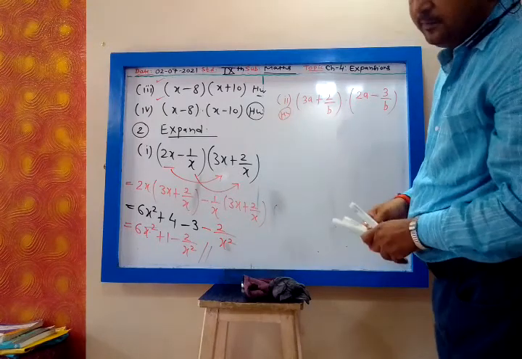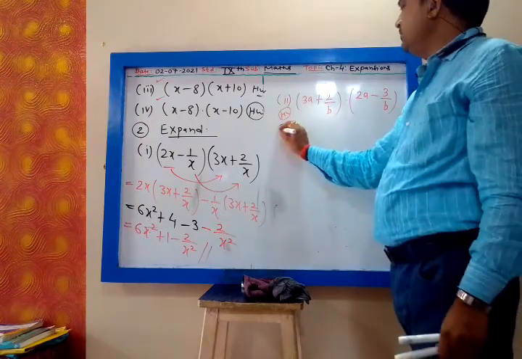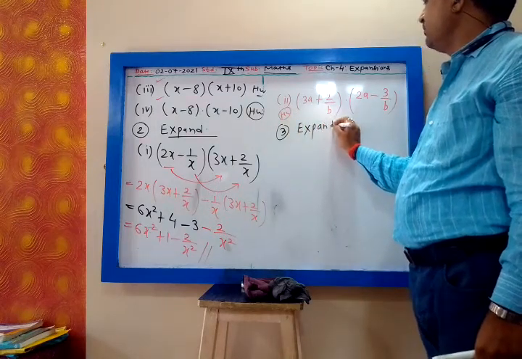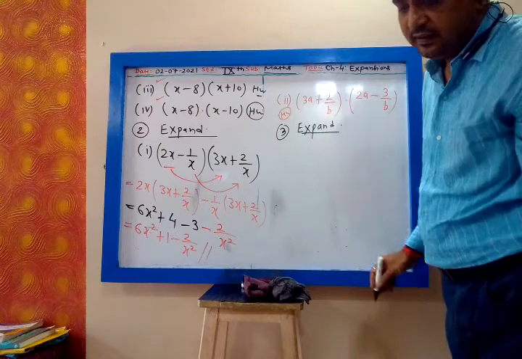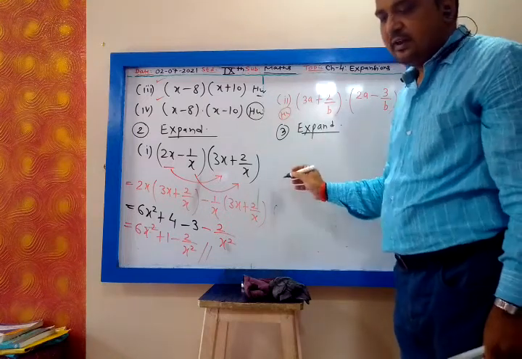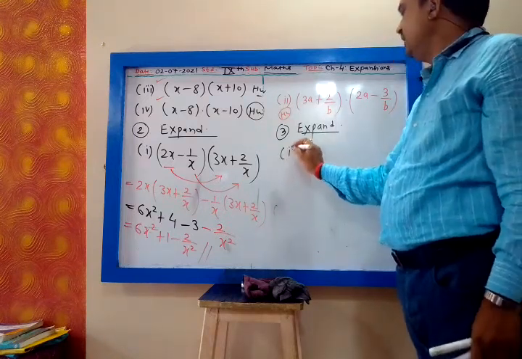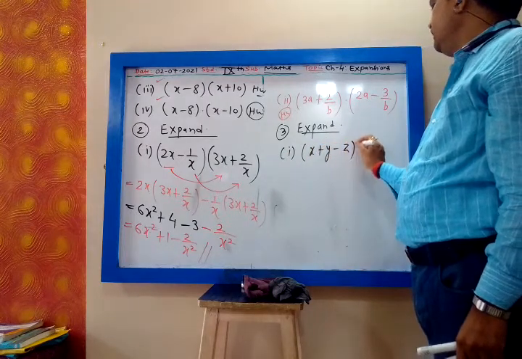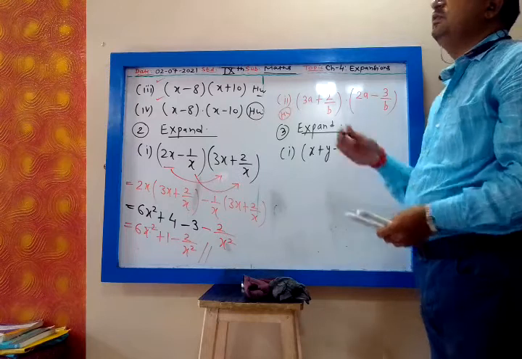Then third is expand. First, x plus y minus z whole square. So use the formula a plus b plus c whole square.